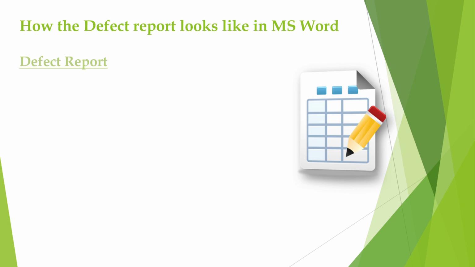Now I'll show you a simple template and what content needs to be included in the defect report. Now you can see a simple template of the defect report in the MS Word format.